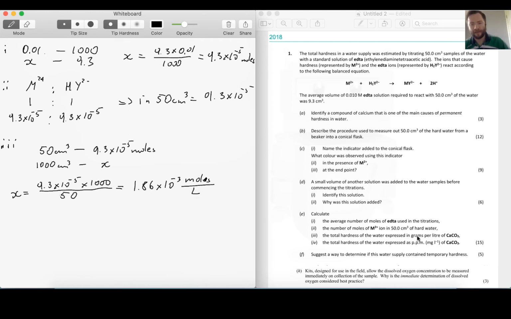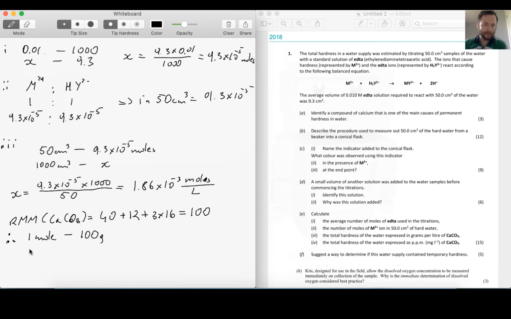So I know that I have 1.86 times 10 to minus 3 moles in 1 liter of the solution. That doesn't tell me anything about the grams, but I know that the relative molecular mass of CaCO3 is equal to 40 plus 12, 40 from calcium, 12 from carbon, and 3 times 16 from oxygen, and that's 100. And if that's the case, that's the mass of 1 mole. 1 mole weighs 100 grams.